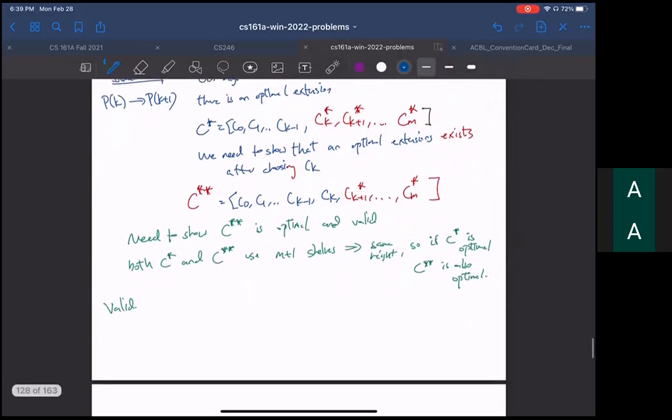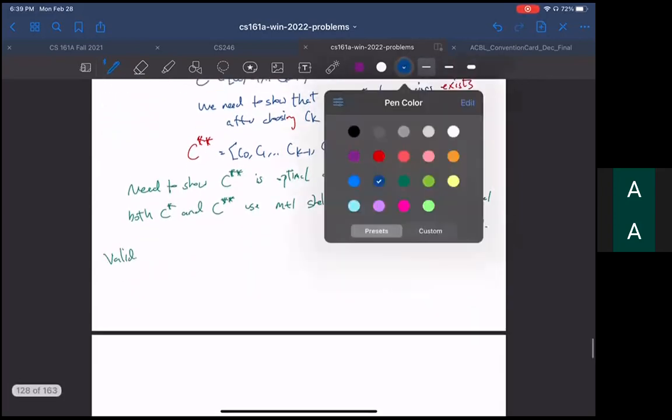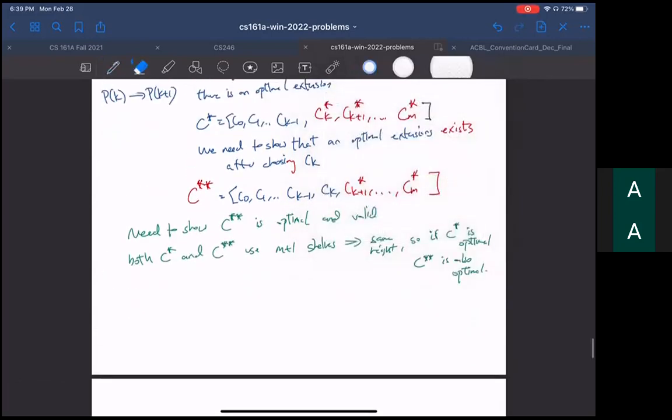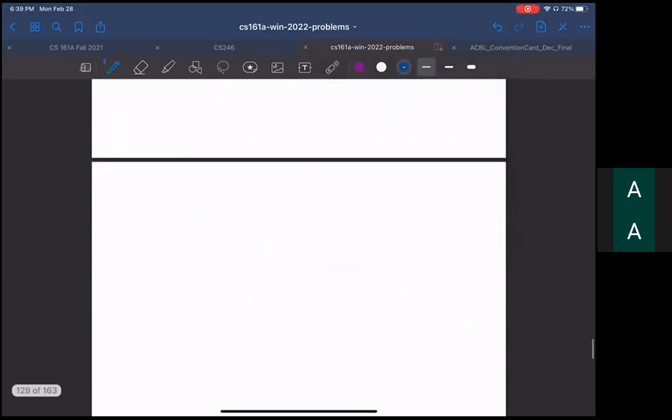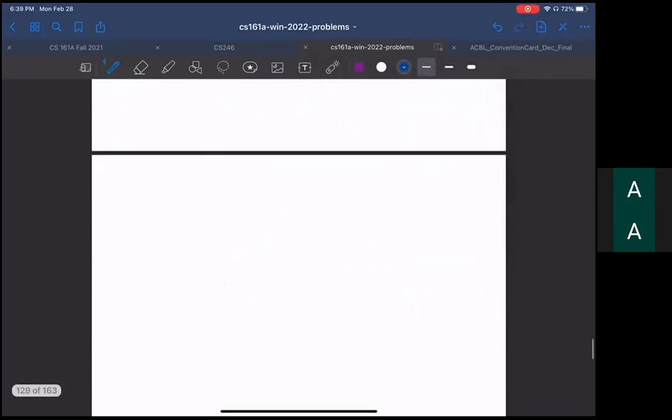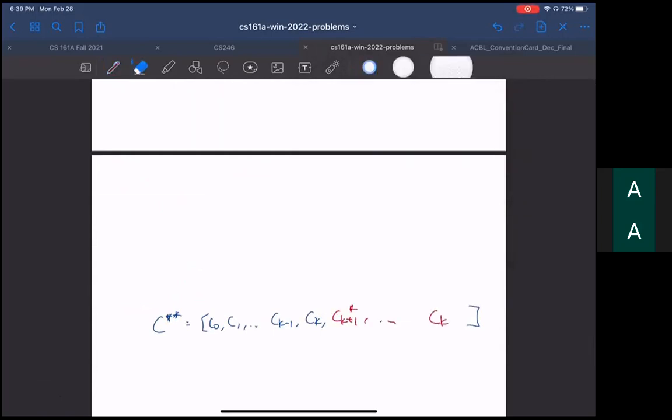And the way that we do that is we need to prove that C star star is valid. So let's write C star star again. Let's use a new page. Too bad I can't just copy it down here. So C star star is this thing: C0, C1 through Ck-1, Ck, C(k+1) star through Cm star.